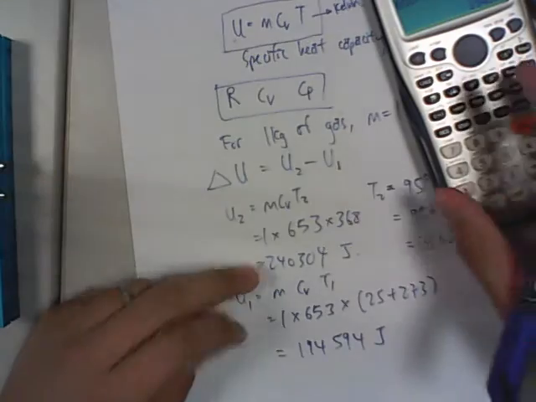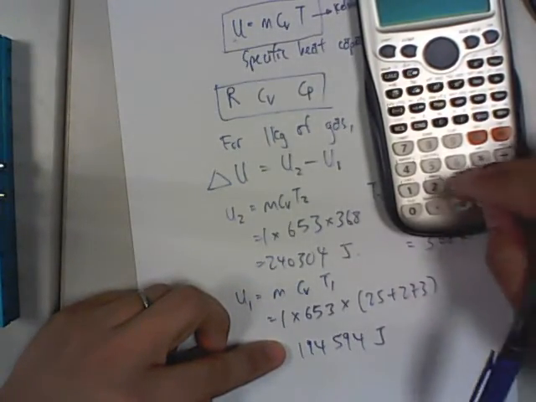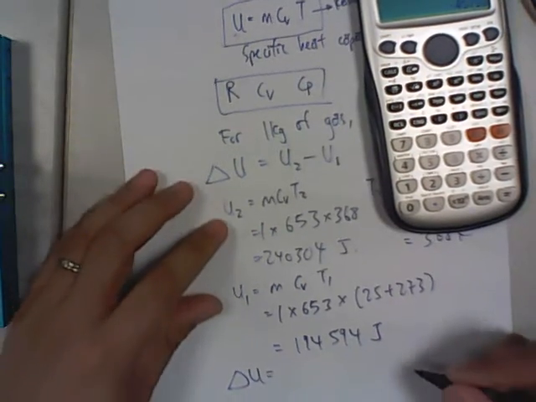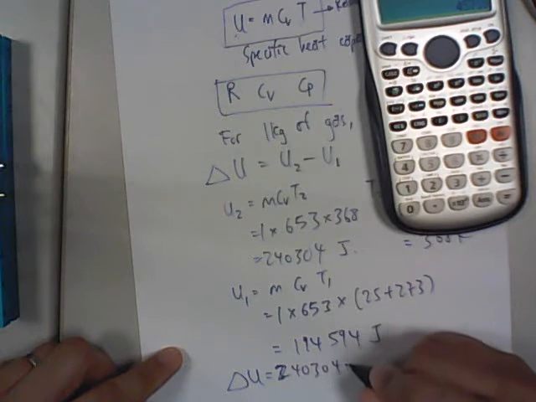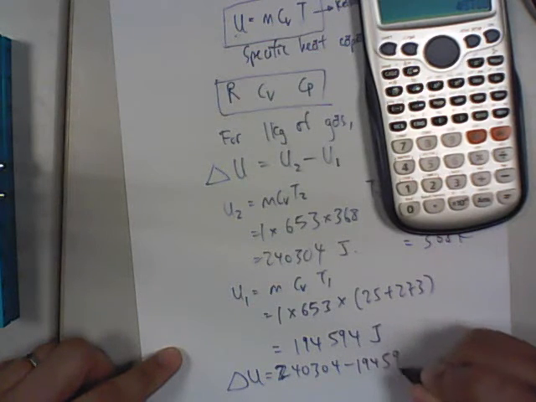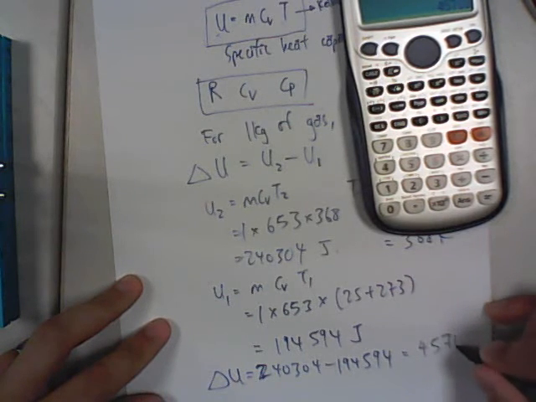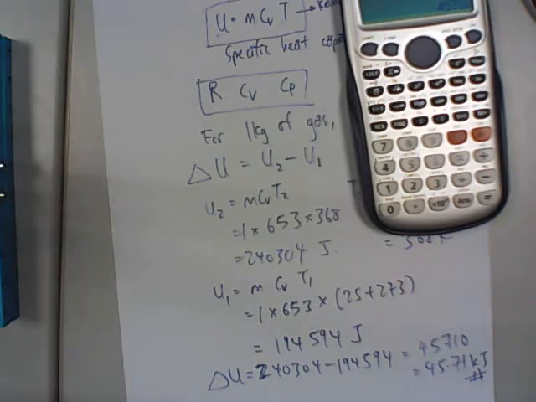So from first to second, delta U is 240,304 minus 194,594. There's an increase of 45,710 joules, or 45.71 kilojoules. So this is example 4-2, change in internal energy.